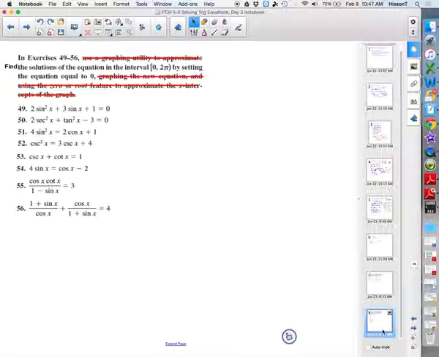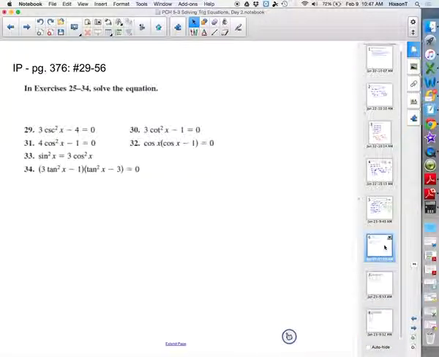You already know how to do that. But use your identities, use what we've talked about today, look to factor if you can, try to get it all in terms of one trig function, to solve these. The remainder of the time is yours, so use it wisely.